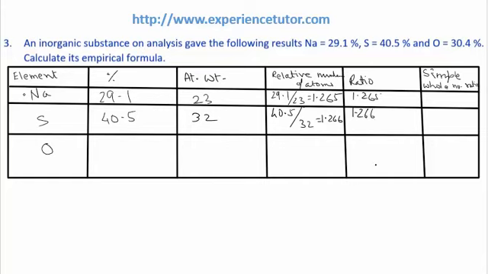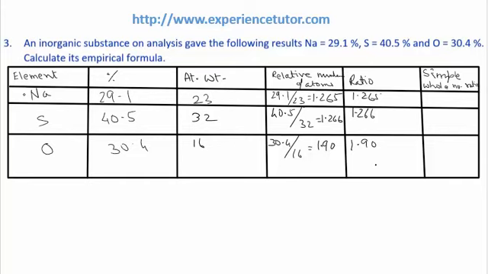Oxygen is 30.4, atomic weight is 16, then 30.4 upon 16 is equal to 1.90. So among the ratio, the smallest is 1.265.